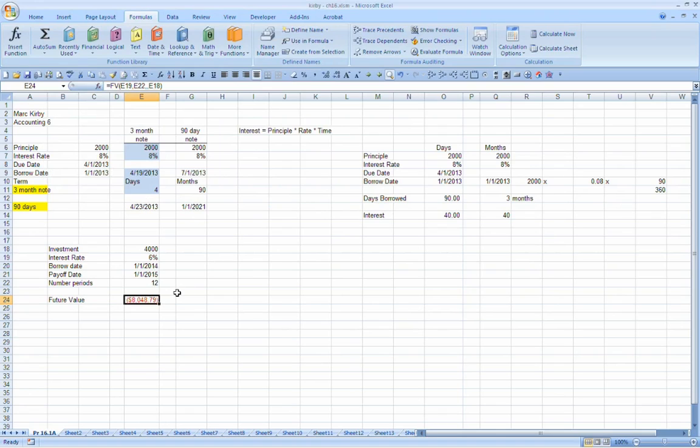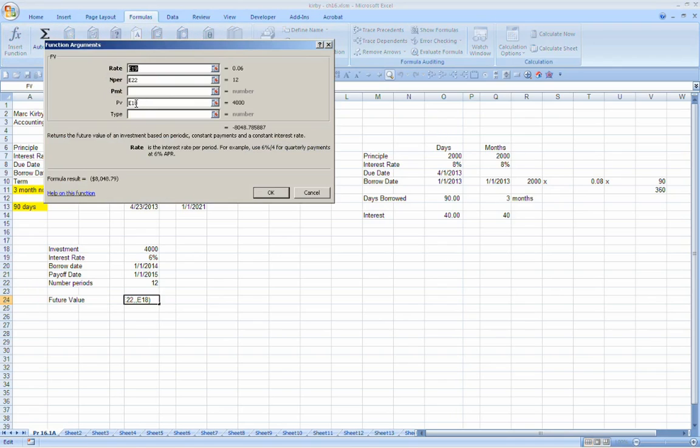Notice the future value of 12 compounding periods is negative $8,048. And I did this on purpose because you need to know this. The way the future value and the present value work is it treats the money as a cash flow thing.